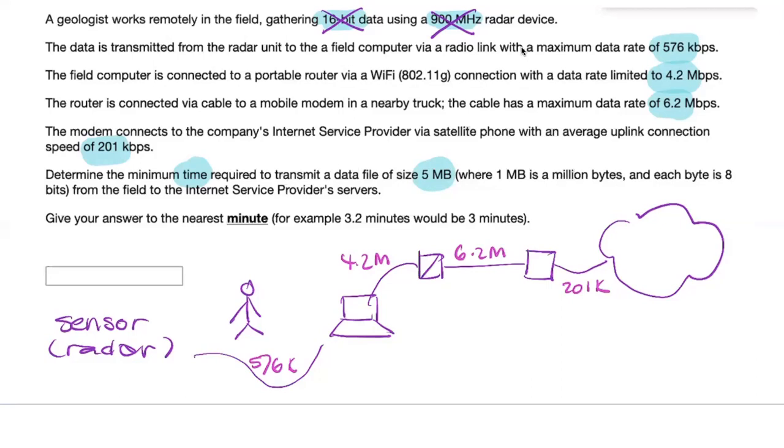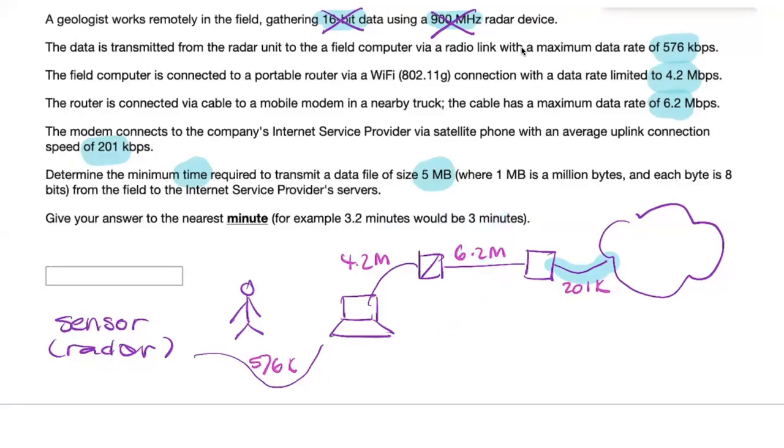So which speed will actually determine how fast you can upload your file. It's this link here. Okay, if the satellite link is only operating at 201, then it doesn't matter if we have 6.2 and 4.2 megabit per second. It doesn't matter, because you can only upload at the rate of the slowest link.